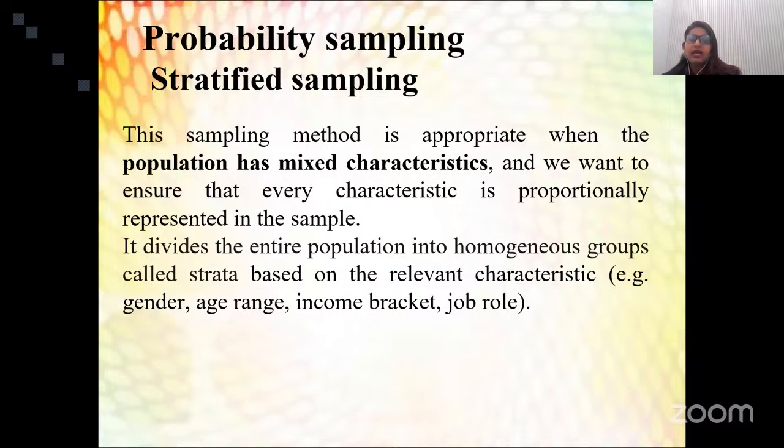And here we want to ensure that every characteristic of your population is proportionally represented in the sample. I'm not going with a particular characteristic only. We have to cover each and every element, right?